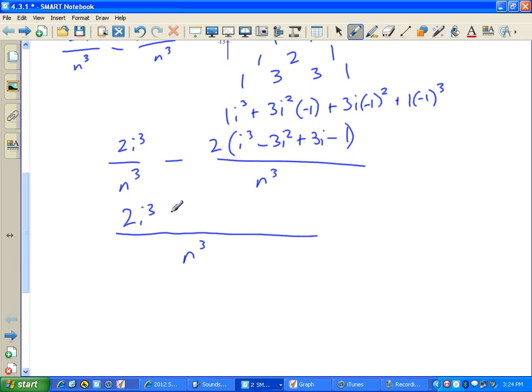So then I'm going to have minus 2i cubed plus 6i squared minus 6i plus 2. These cancel out, and so my width, my delta x, the width of my ith rectangle is 6i squared minus 6i plus 2 over n cubed. That's my width.